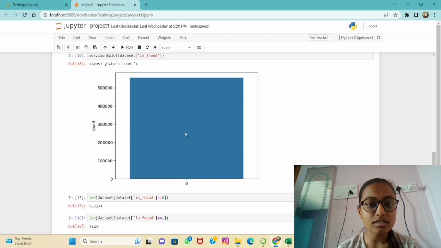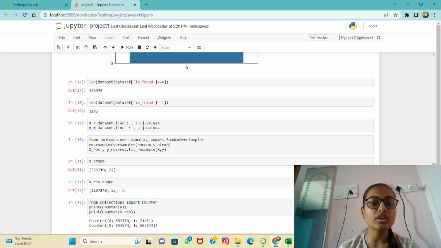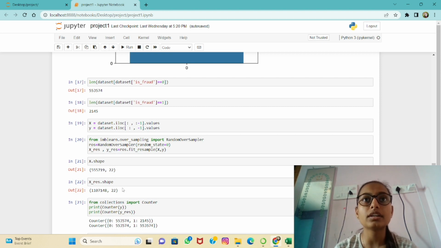Here we can see that as there are more non-fraudulent transactions, the graph is imbalanced, and we can see how many non-fraudulent and fraudulent there are. We are going to convert this imbalanced dataset by balancing it using random oversampler. Random oversampler takes the minority values, adds duplicates to it, and equals it to the majority value. So there will not be any imbalanced data.